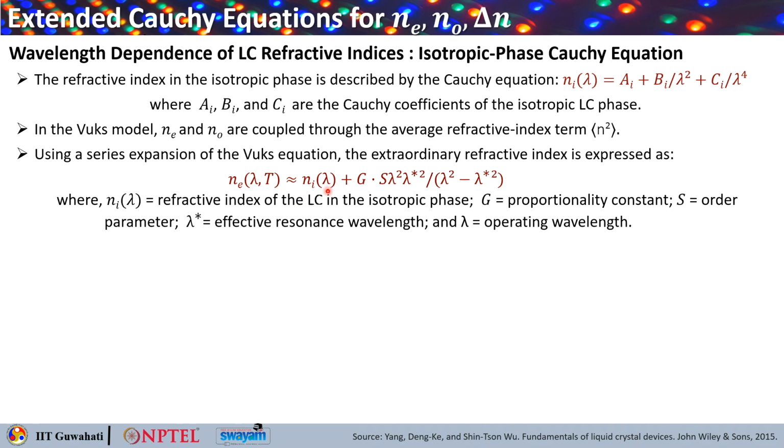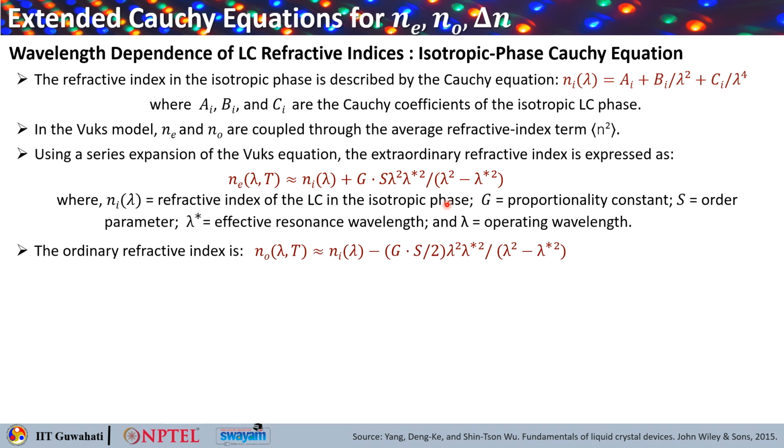So, what is this Ni lambda? That is the refractive index of liquid crystal in the isotropic phase. Here i stands for isotropic. G is the proportionality constant, S is the order parameter, lambda star, as I mentioned, is the effective resonance wavelength, and lambda is the operating wavelength. So, this is for the extraordinary refractive index.